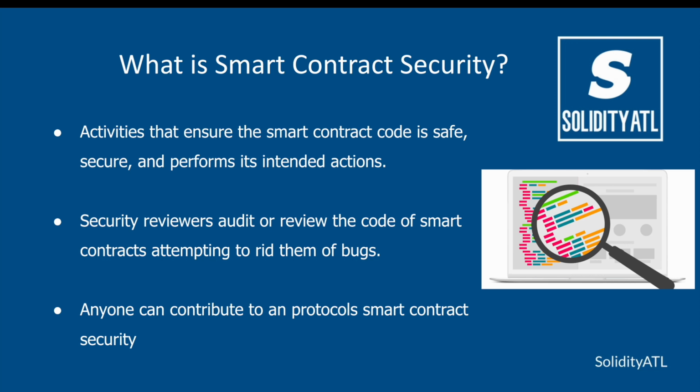Now, a lot of people in the space will say security reviewer is better than audits, and others will say security audits is better than security reviewer, in terms of the naming and the nomenclature. You can choose whichever one works for you. People will want to go with, I'm a security reviewer, we're doing security reviews, and you're just going to have the people who want to say they're auditors, which is perfectly fine.